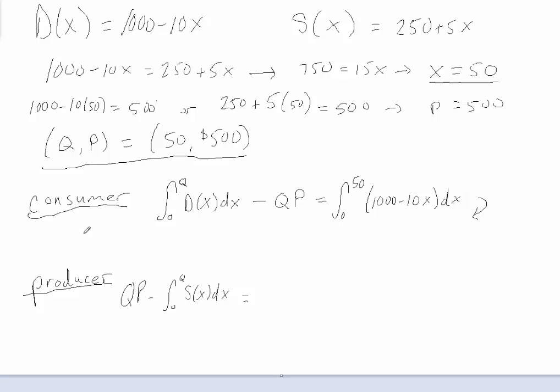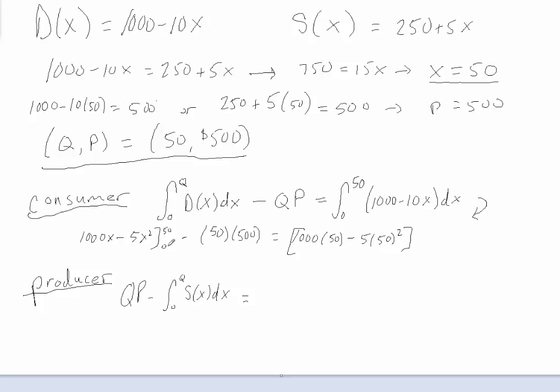And that will be 1000x minus 5x squared, evaluated from 0 to 50, minus Q times P. So that's going to be 1000 times 50 minus 5 times 50 squared.